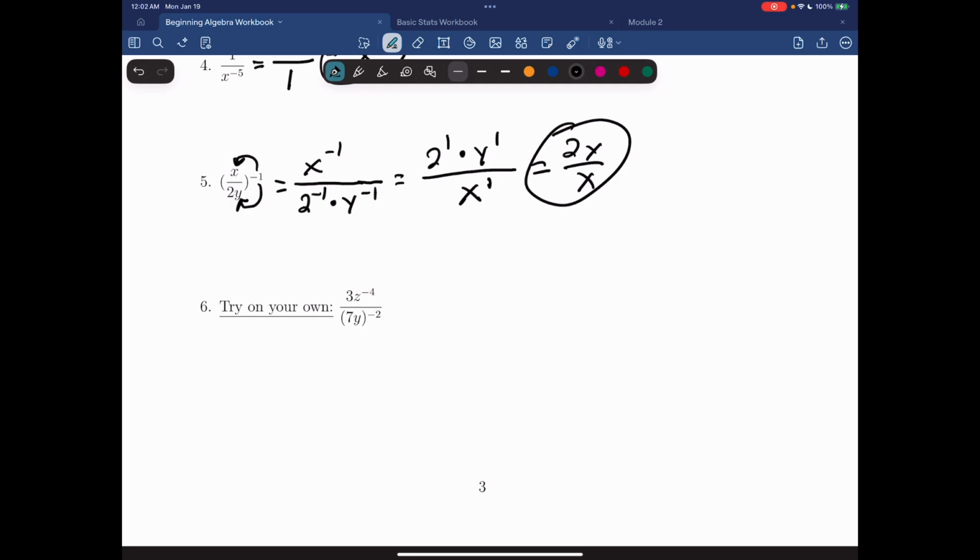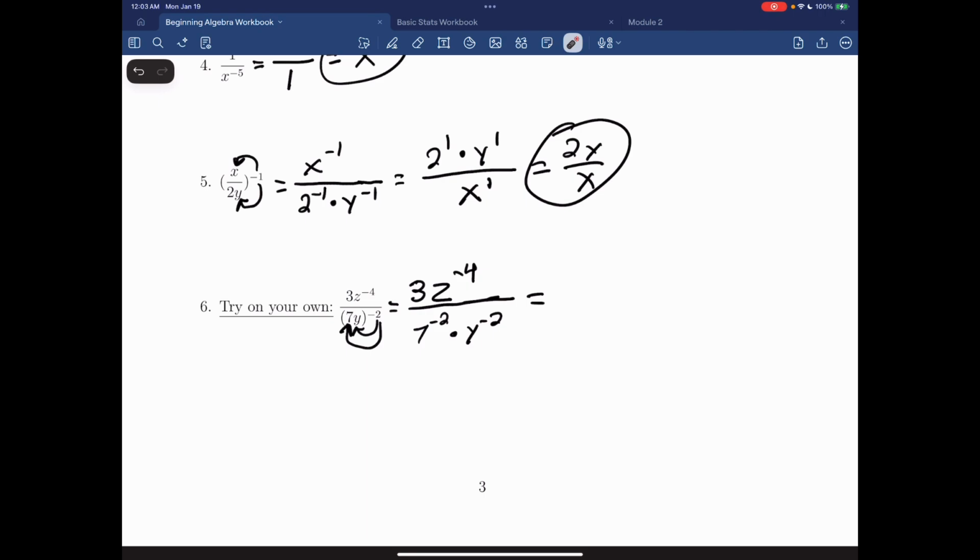So how are we going to go about this? Well, the first thing is to recognize that we can distribute in this negative 2 to both the y and that 7. So we're going to get 3 times z to the negative 4th power all over 7 raised to the negative 2nd power times y raised to the negative 2nd power.